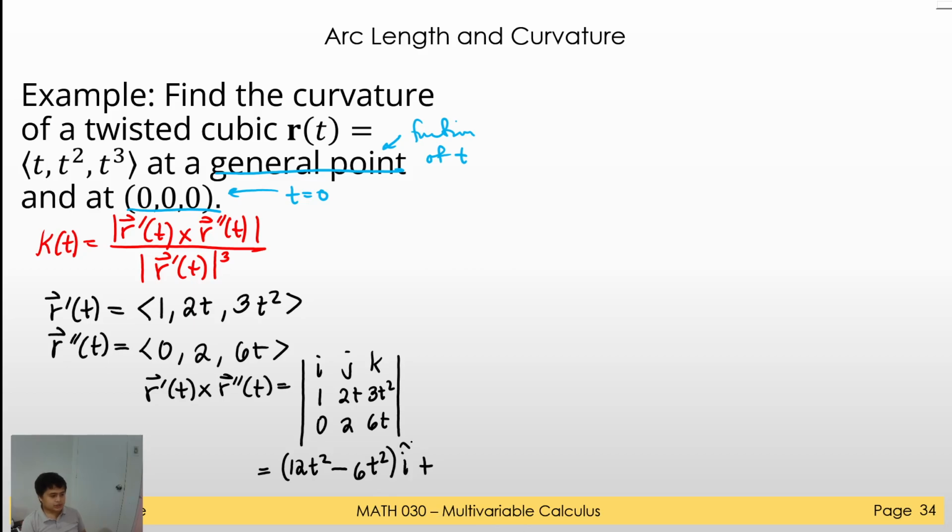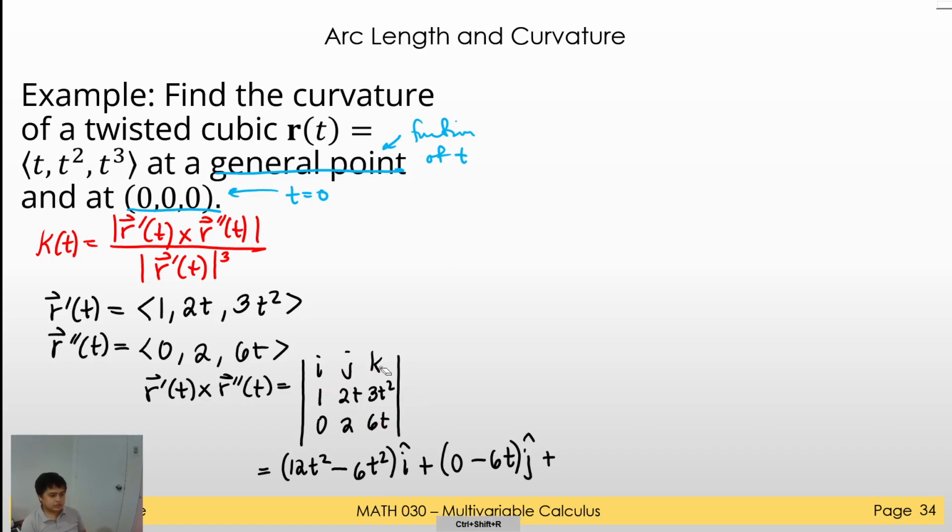And then for j hat, multiplied by 0, this will be just 0, and then upwards we have 6, so minus 6 j hat.